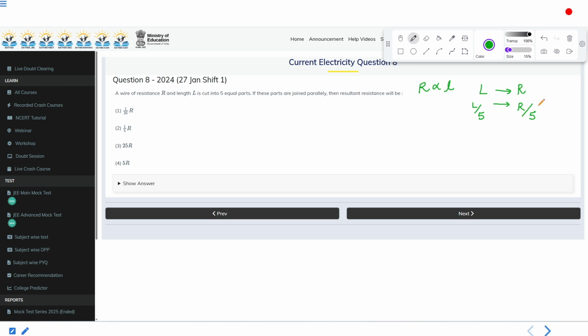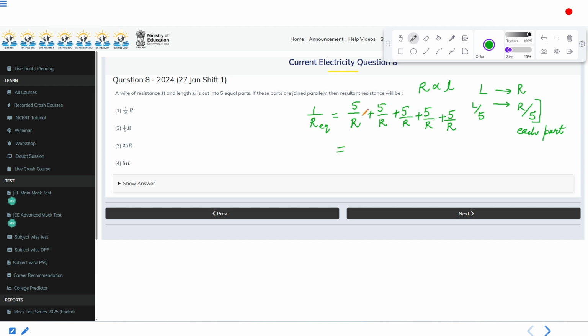So the resistance of each part will become R by 5. Now if these parts are joined in parallel, then the equivalent resistance of the parallel combination, with each part having resistance R by 5: R1 is R by 5, R2 is also R by 5 and so on.